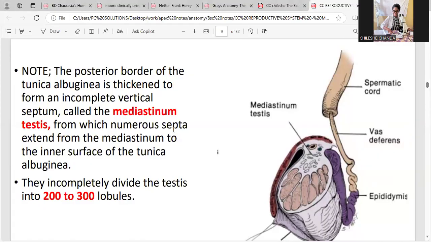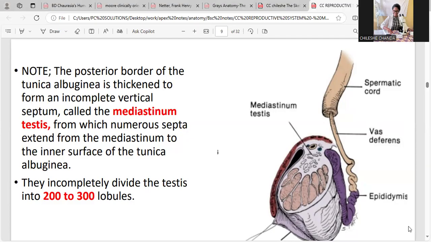So we're talking about the tunica albuginea. Remember, as I was mentioning, the tunica albuginea is this dense connective tissue that covers the testis all around, except at the posterior aspect at a point known as the mediastinum testis, where it is not completely covering the testis, but leaves spaces for the passage of the tubules to come from the testis to the epididymis.